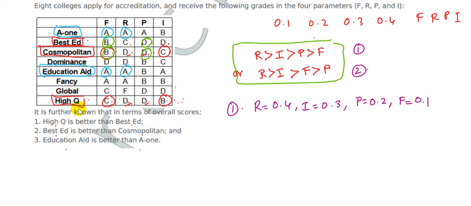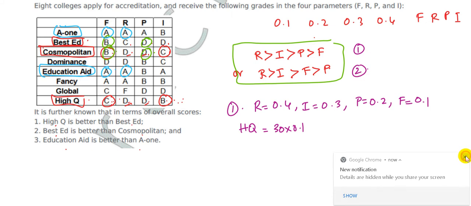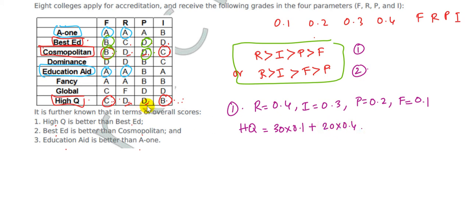So now let's put the scores. High Q will be F into C, that's 30 into 0.1, plus D in R, R is 0.4, D means 20, 20 into 0.4, plus D in P, P is 0.2, 20 into 0.2, plus B in I, I is 0.3 and B is 40, so 40 into 0.3.